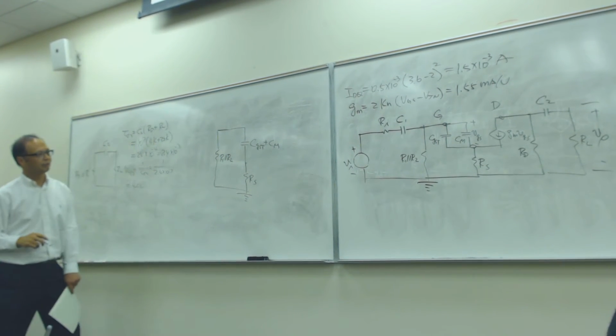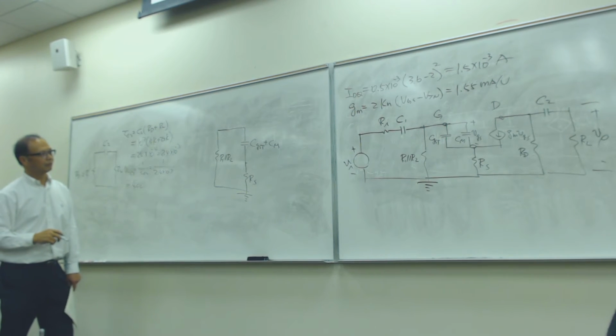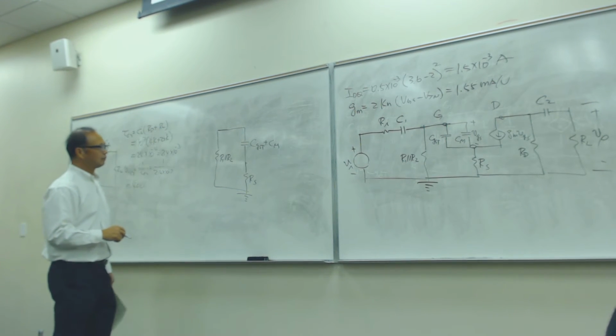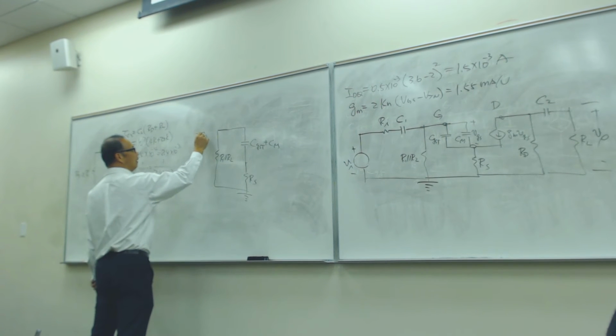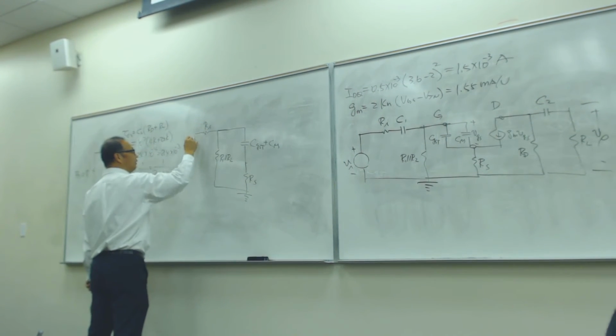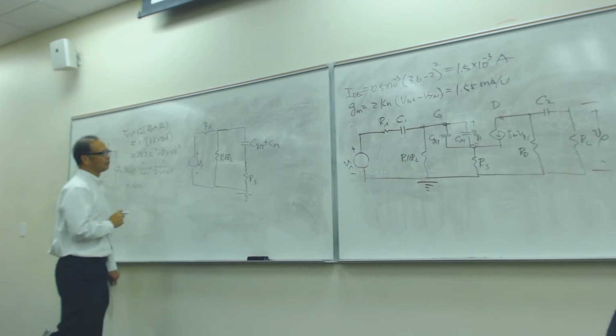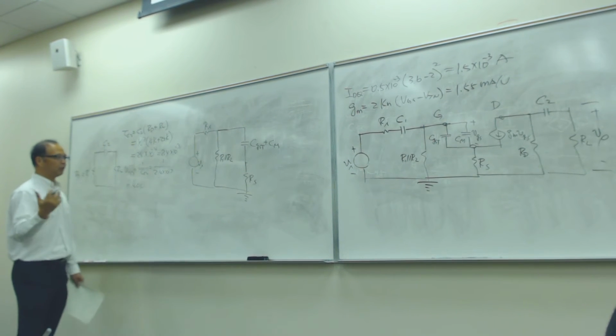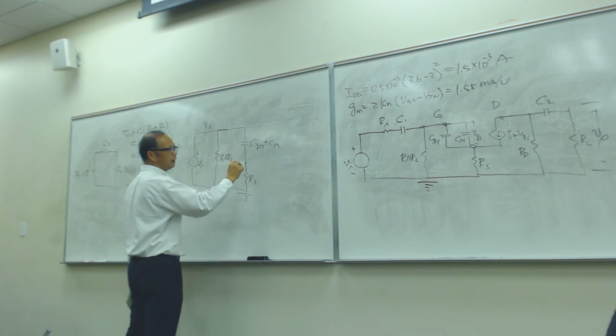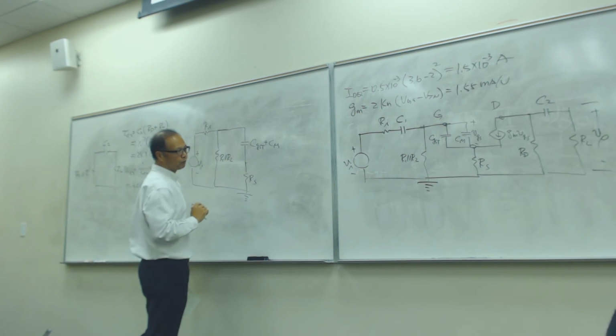Yes? And then you have R sub I, and then you have B sub I. Yes? So basically, that's what you have. The right hand side, you don't have to care too much because it's open. Correct?